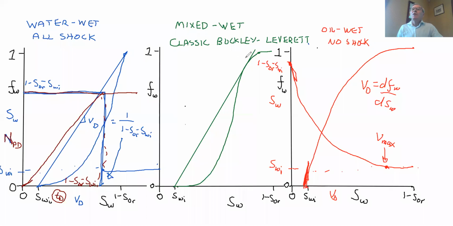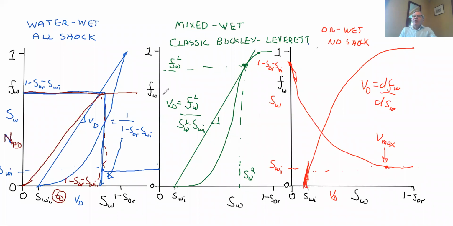This point represents the shock. So we can have a shock here with a slope, that's this distance. This is FW left, and the shock is FW to the left over SW to the left minus SWI.